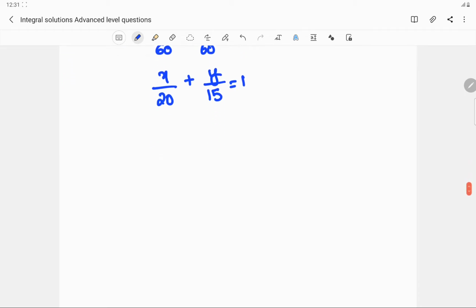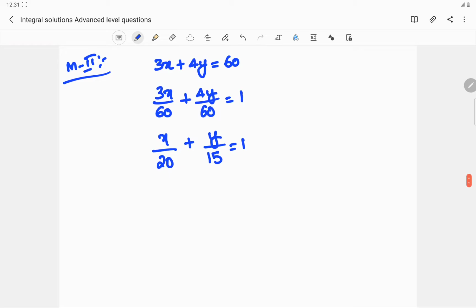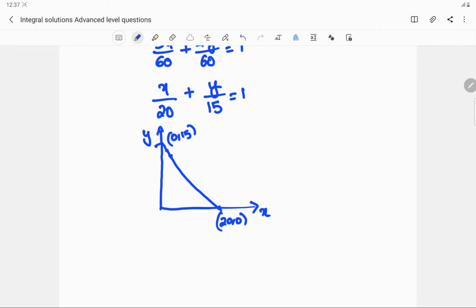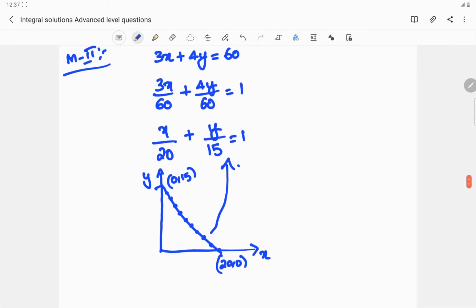So what I have done is I have written this equation in the form of a straight line. So if we plot this in the coordinates x and y, this line will be of this form. So this is (20, 0) and this is (0, 15). All the points on this straight line will be the solutions to this equation.